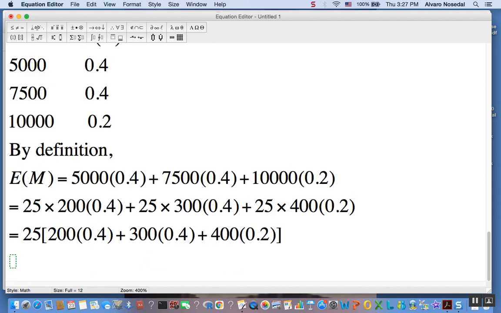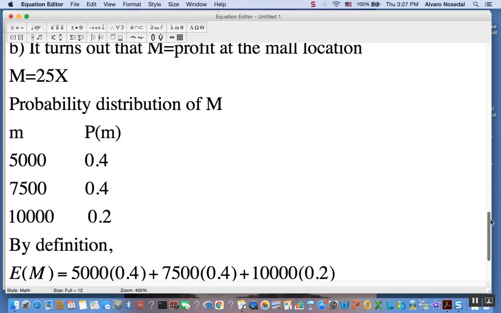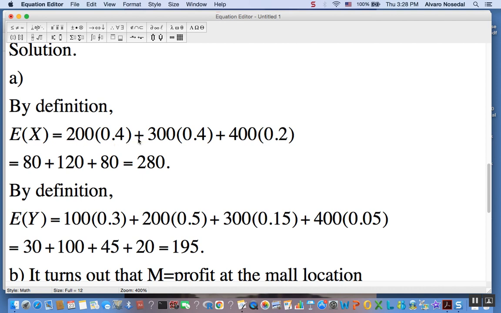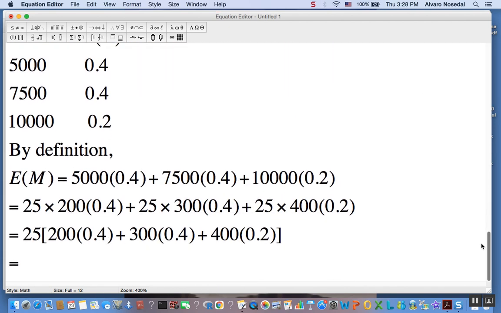But what I want you to note also is that, hey, see this expression inside those square brackets? Well, that expression happens to be something that we have seen before. Is this guy the expected value of x? So we plug in that. So this is the same as 25 times the expected value of x.